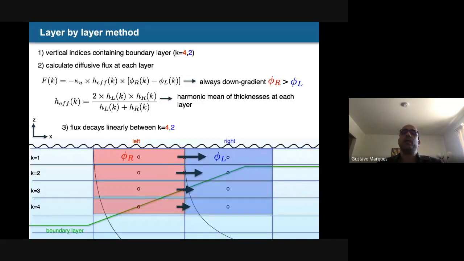So now we go from a maximum at the top interface of the layer where the minimum boundary depth is, to a coefficient that goes to 0 at the bottom of the maximum boundary layer depth. This does a kind of linear decay in the flux and assures that there is a flux everywhere within the boundary layer. It's kind of ad hoc, but that's the scheme that we came up with.